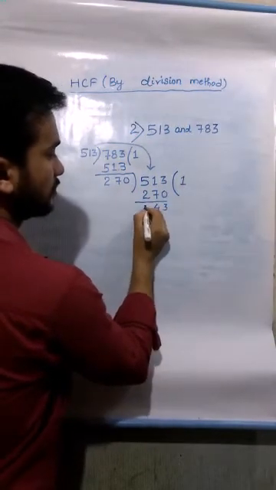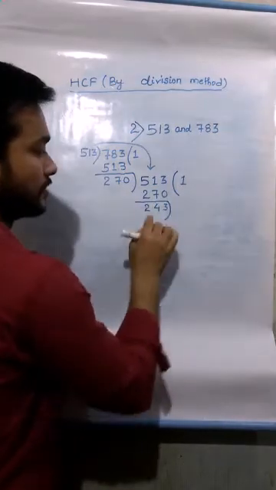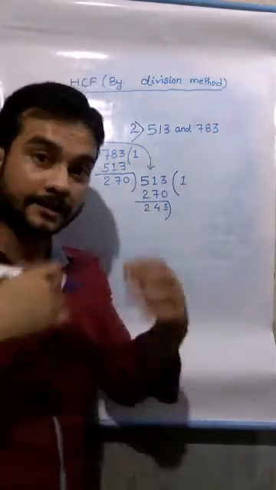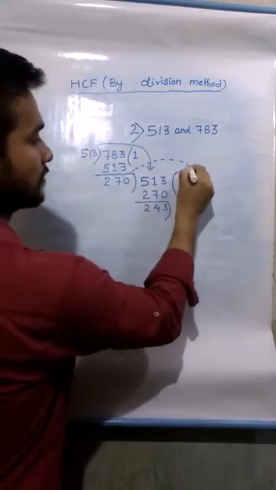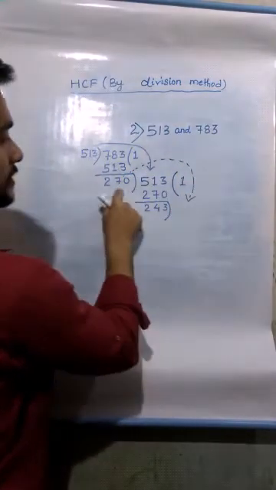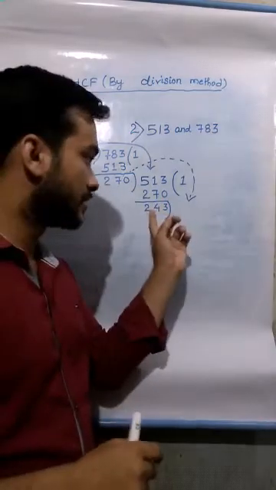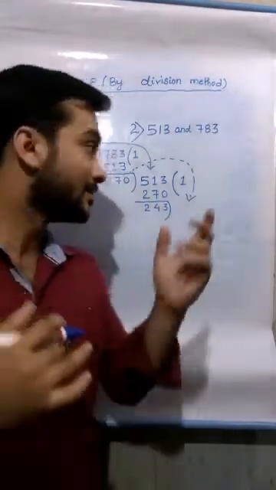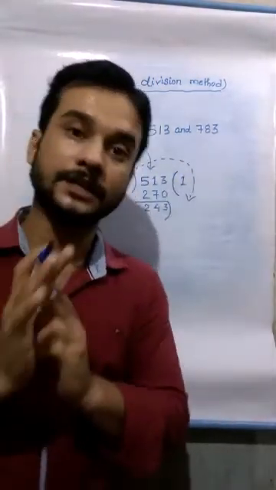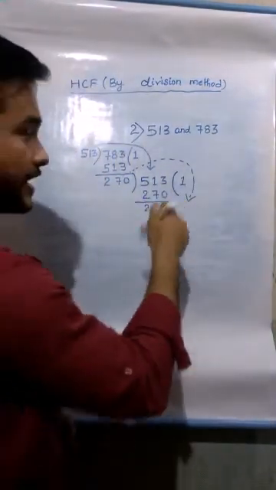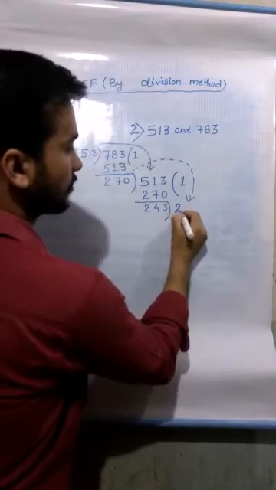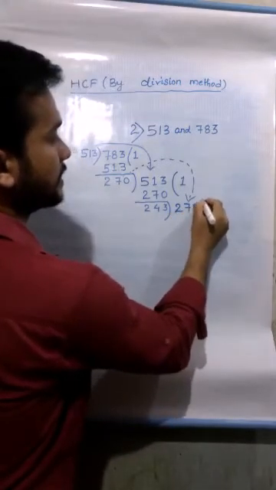4 2 Now this remainder will again become the divisor, and the divisor becomes the dividend. Always the remainder becomes the divisor and the divisor becomes the dividend. Now this will come to this side and become 270.